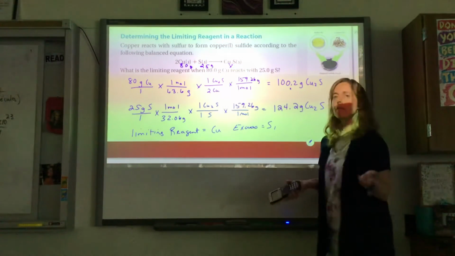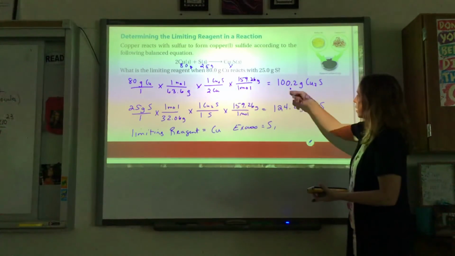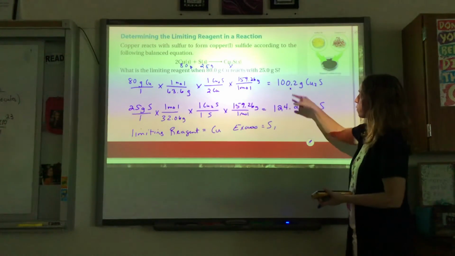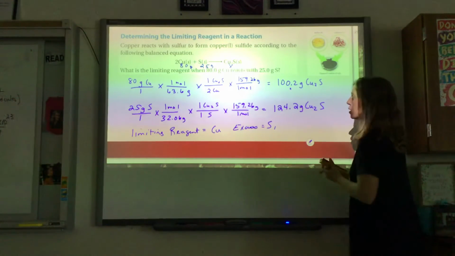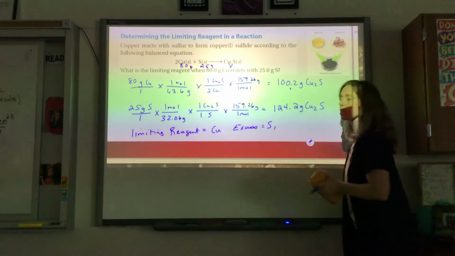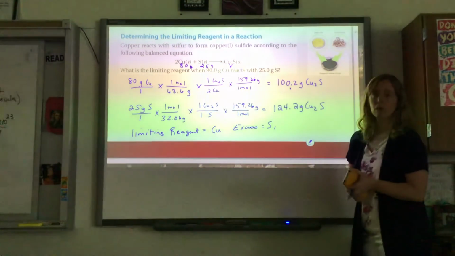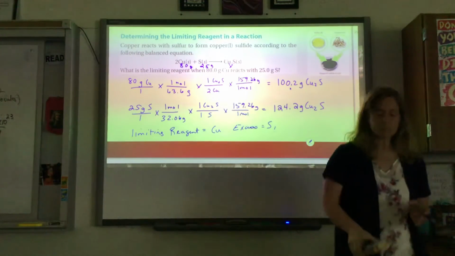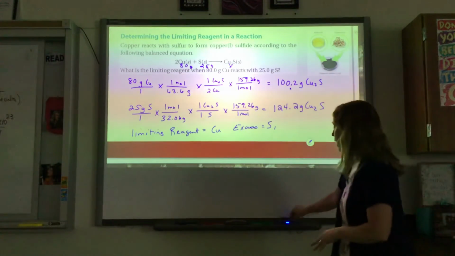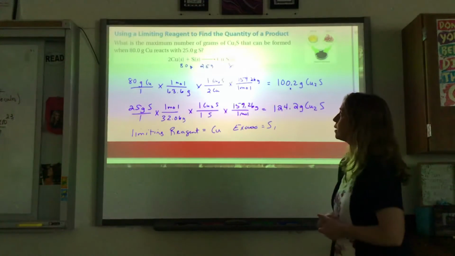And then by how much excess? Well, I would take 124 minus 100.2, so I would have so much excess sulfur. So I'm not going to use up all of my sulfur. So that is how you figure out a limiting reagent problem.